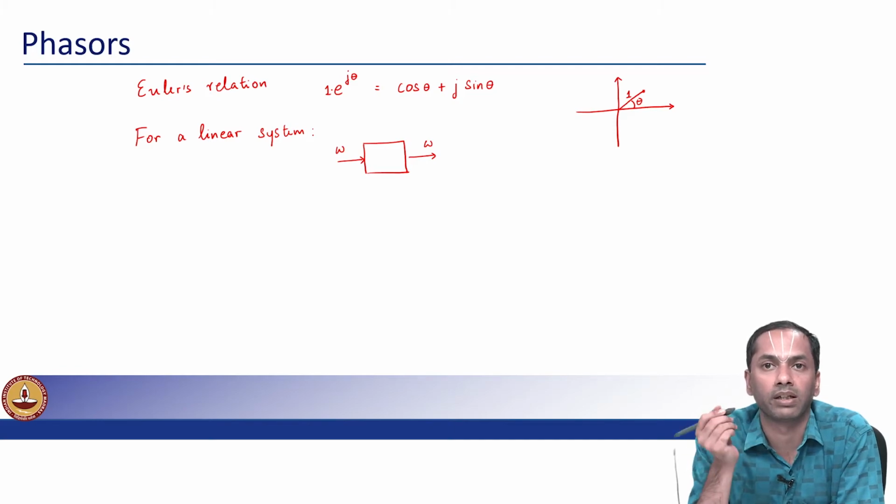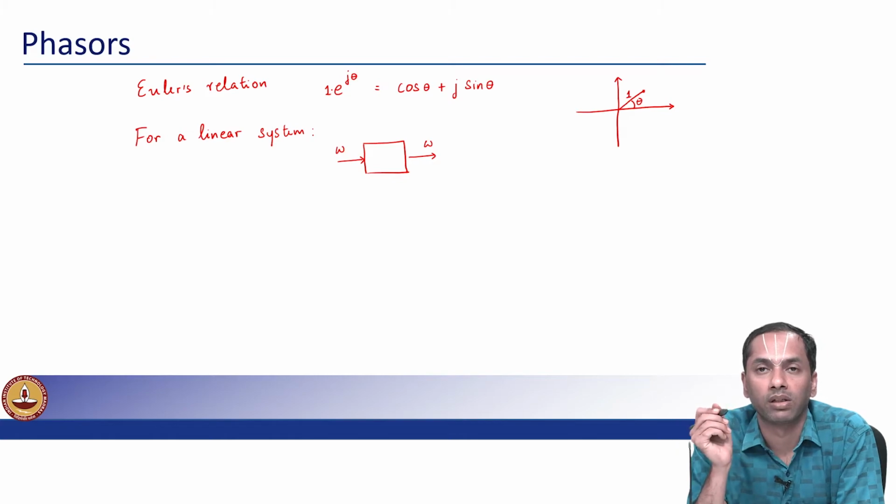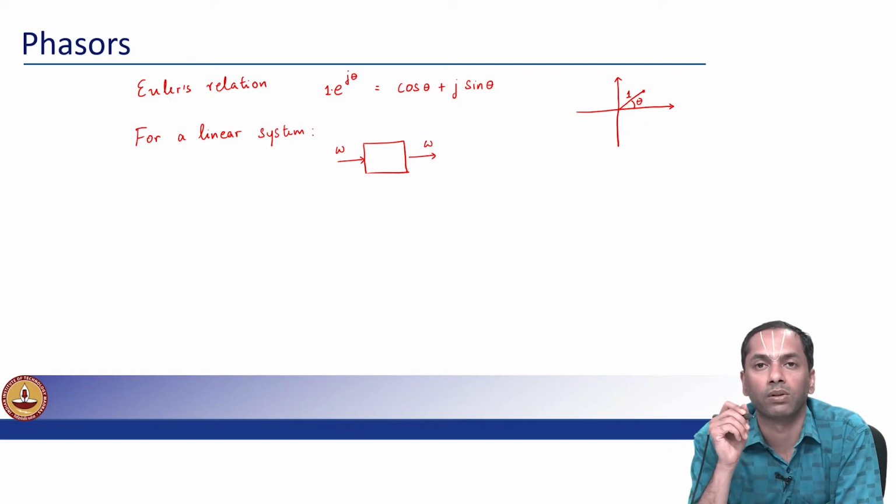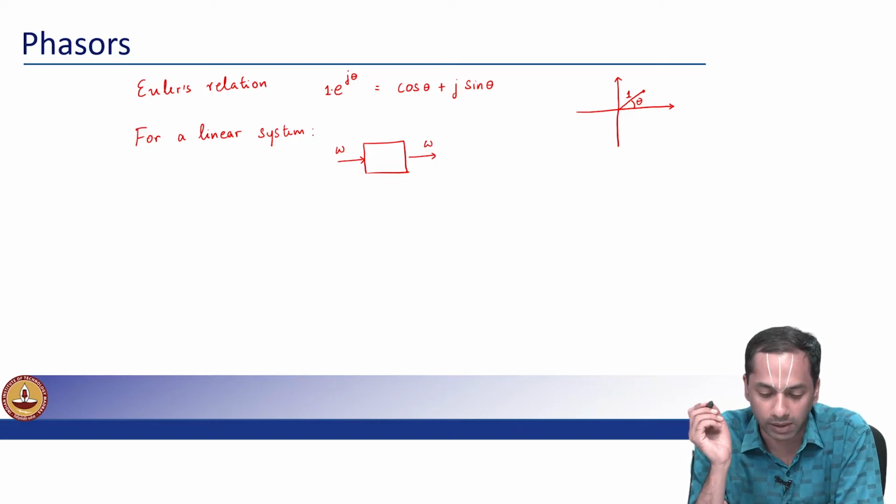For example, you can take a simple RC circuit and compare the current flowing through the capacitor with the voltage of the excitation, and you will notice that the voltage across the capacitor or the current through the capacitor also has a sinusoidal form, given that the source excitation is sinusoidal and at the same frequency, right?